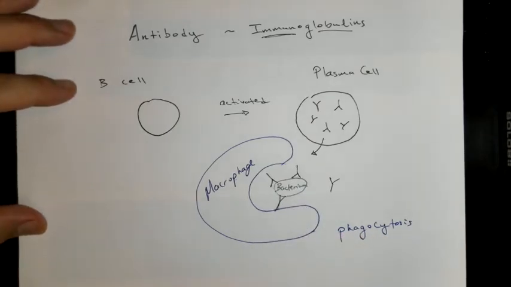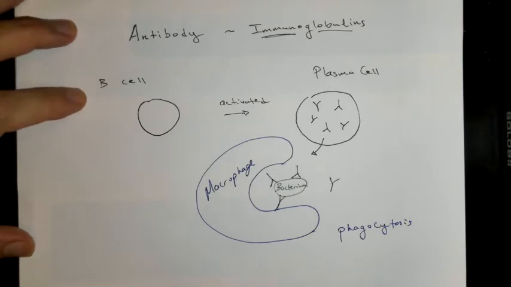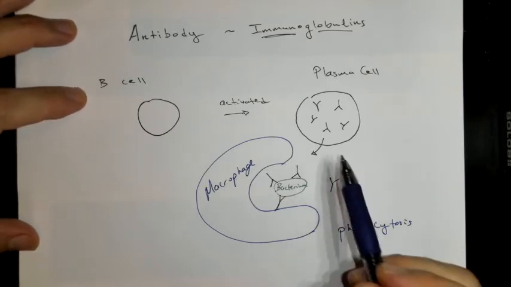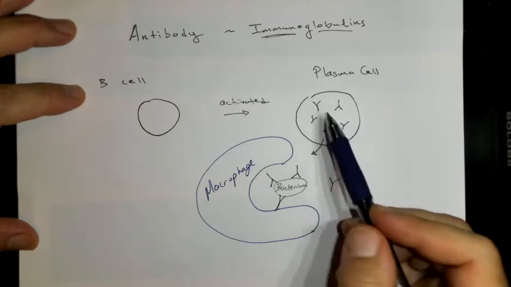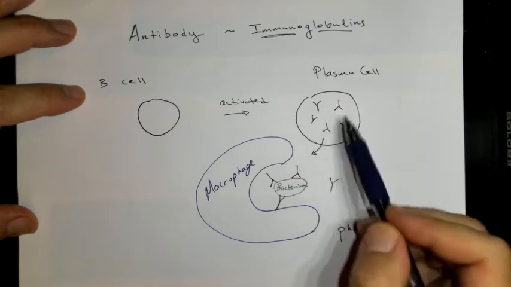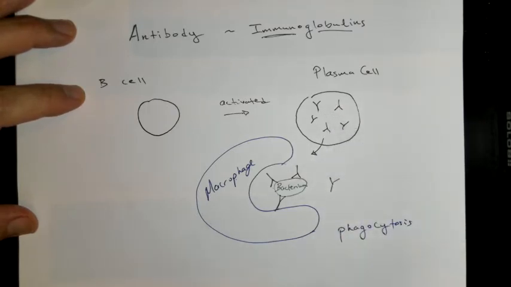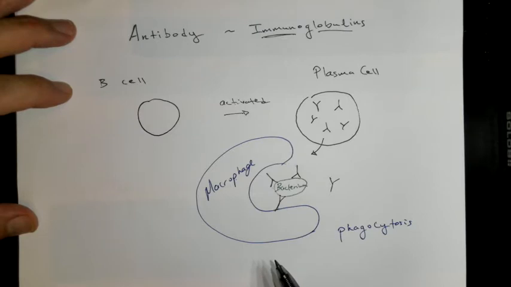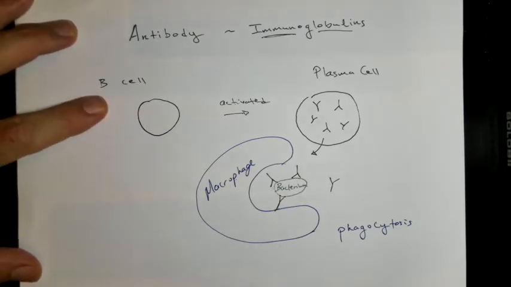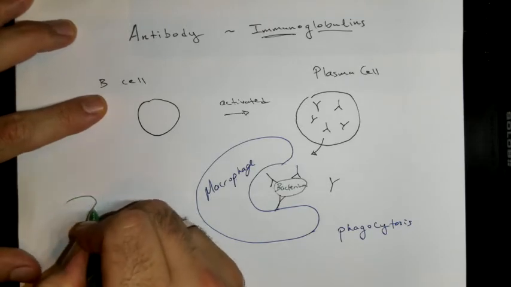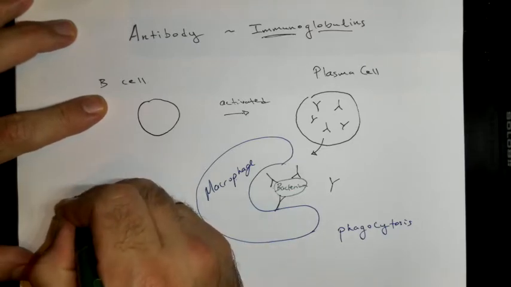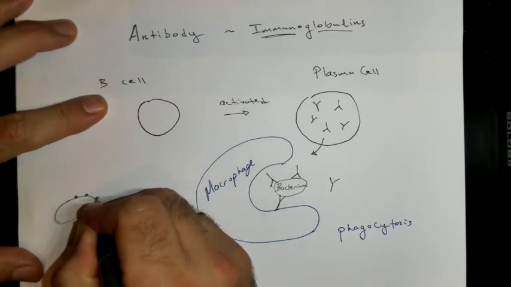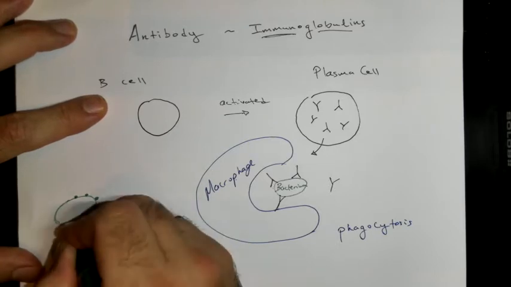So the question is, and we're going to talk about this in more detail when we get to the immune system, how does a plasma cell get activated to make antibodies? So one thing that happens is that bacteria have little bumps on the surface of their membrane.